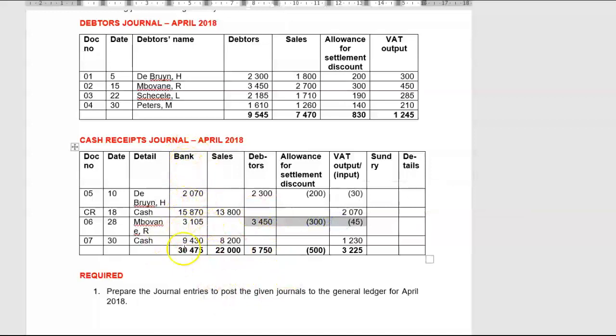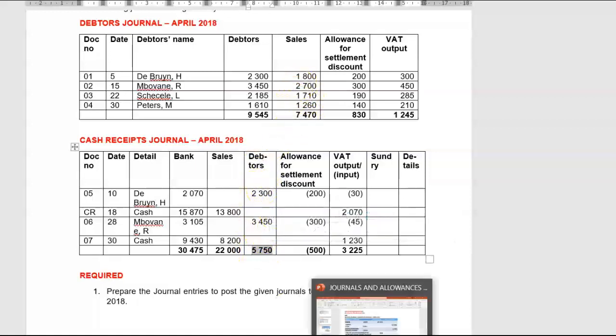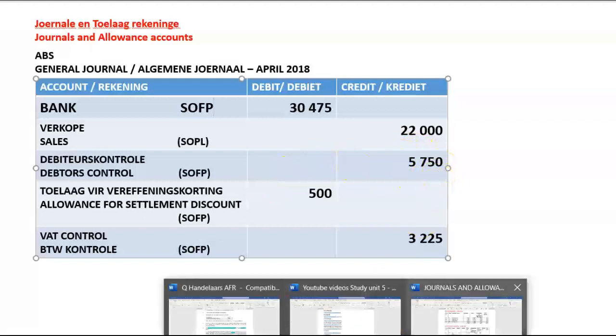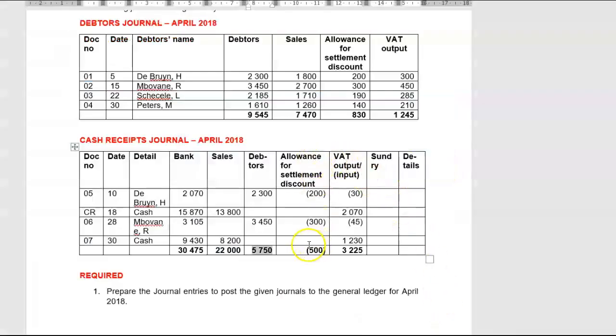Good. So let's continue then. Debtors would have been credited with 5750, the full invoice value of the amounts that were settled. So debtors control, statement of financial position, 5750. Our allowance for settlement discount is going to be debited now with 500.